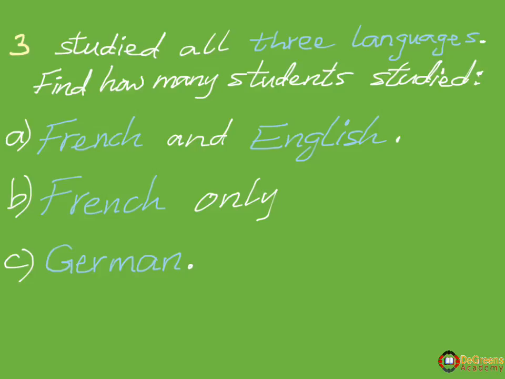So given information like this, the best way to find what you've been asked to find, just as in A, you have been asked to find how many students study French and English, and in B, how many students study French only, while in C, how many students study German.